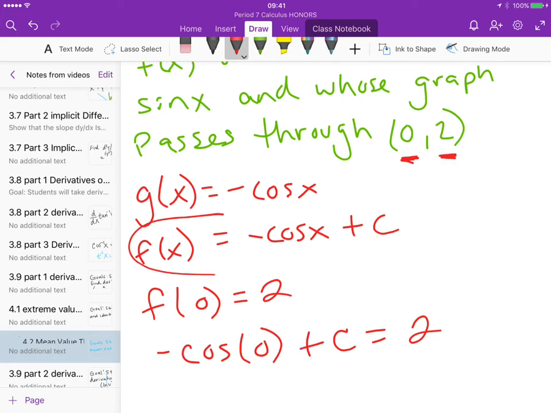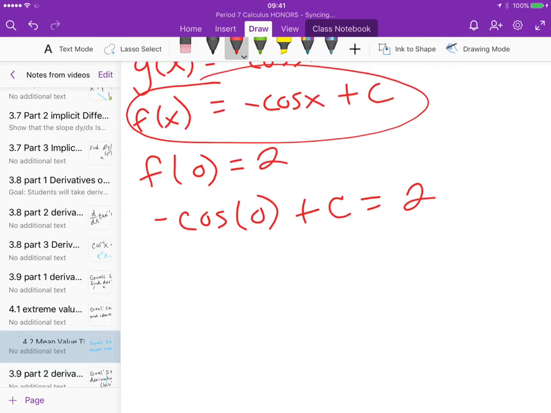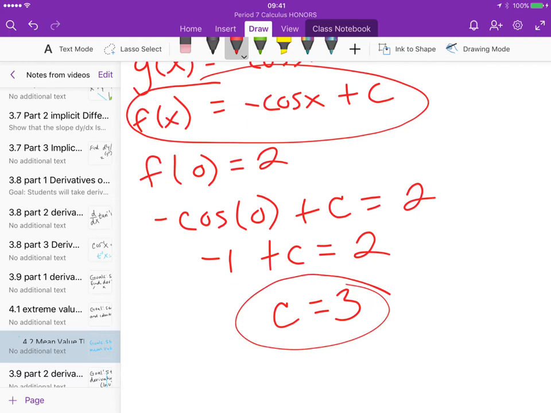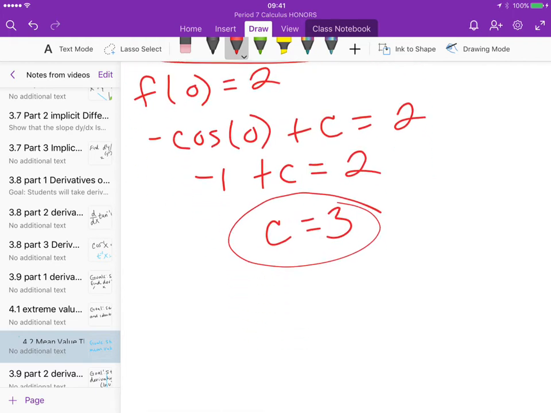So the entire function f of x equals negative cosine of x plus c. Now we're just basically solving for c itself. Well, this really is just negative 1, because cosine of 0 is 1 and times the negative is negative 1, plus c is equal to 2. Well, actually, c equals 3. So just wrapping it up, the function completely is negative cosine of x plus 3.